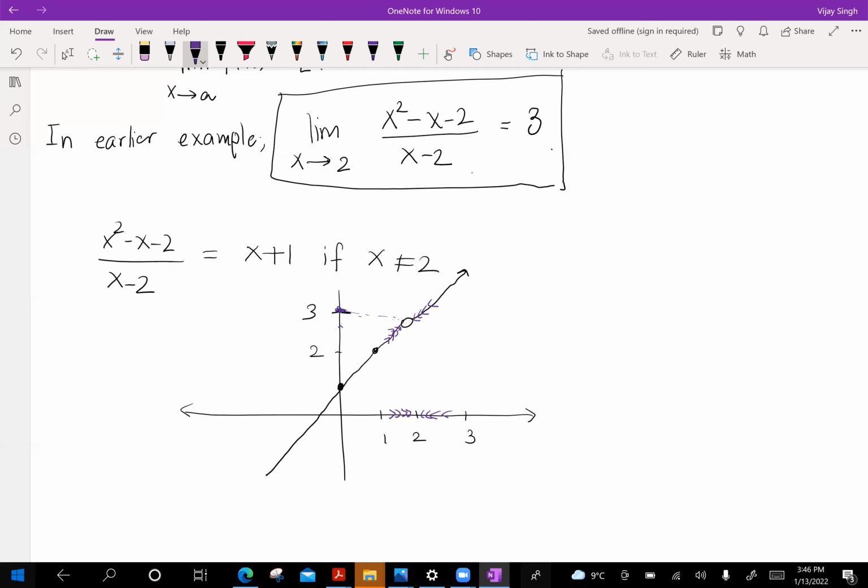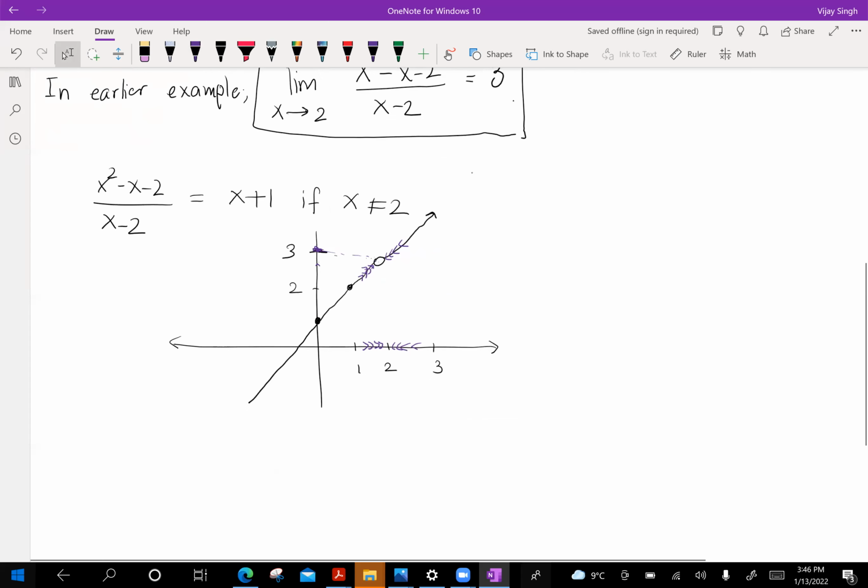Now, if you go from the right-hand or left-hand side, it's approaching 3. So we say limit as x goes to 2 minus, so this is from left, x goes to 2 from left, f of x is 3 in this case.